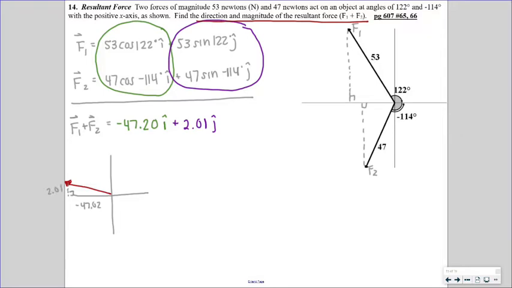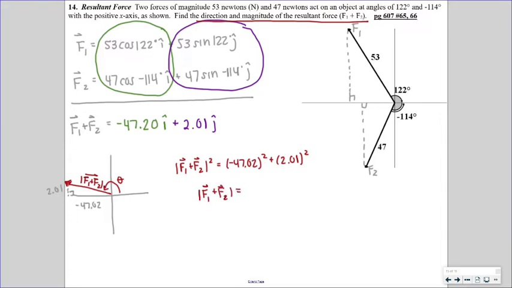We're asked to find the magnitude, the length of the hypotenuse essentially, and the direction, that angle theta. That's our final answer. So we're going to use the Pythagorean theorem to figure out the magnitude. The hypotenuse squared is equal to negative 47.02 squared plus 2.01 squared. Don't forget to take the square root when you're solving for the final magnitude.